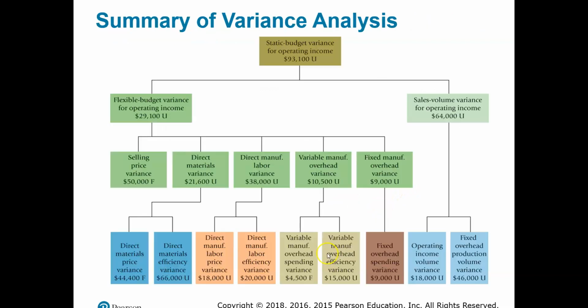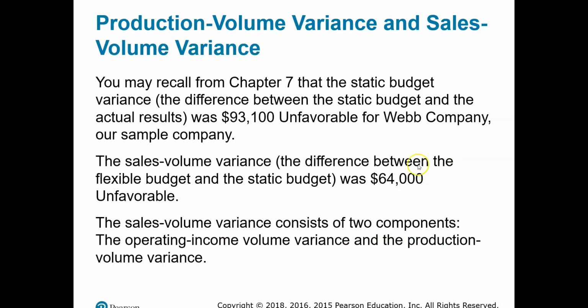The easiest way to compute the operating income volume variance is simply to take our sales volume variance minus our production volume variance, and that will give us our operating income volume variance.